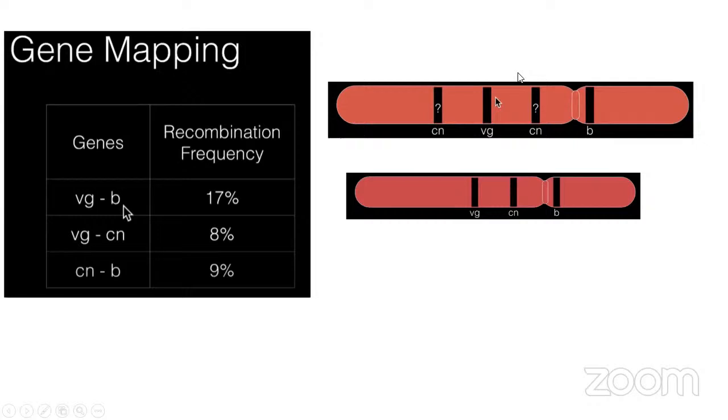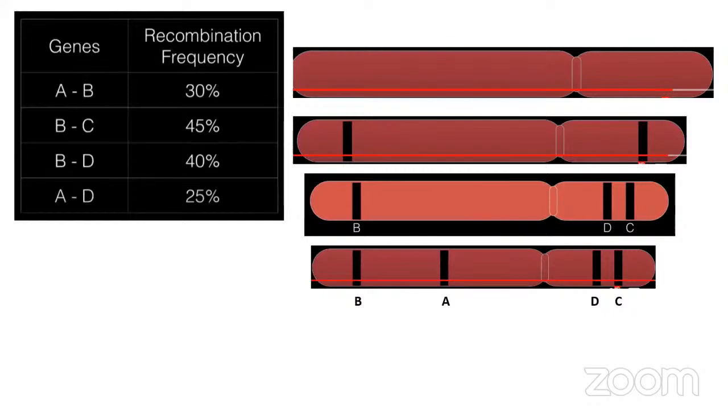So it should be somewhere between VG and B. By using this recombination frequency, gene maps were developed. Take another example. Suppose the frequency of recombination between two genes A and B is 30%.